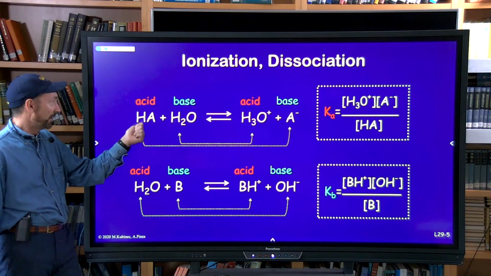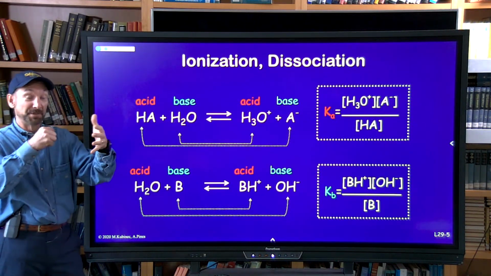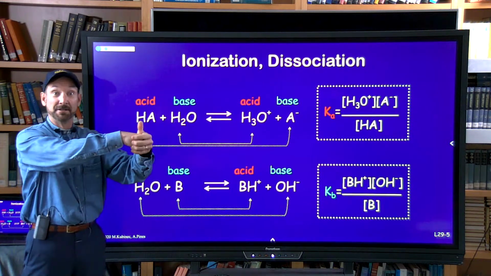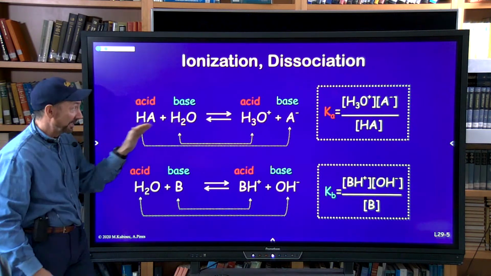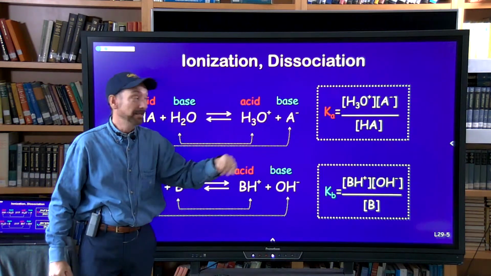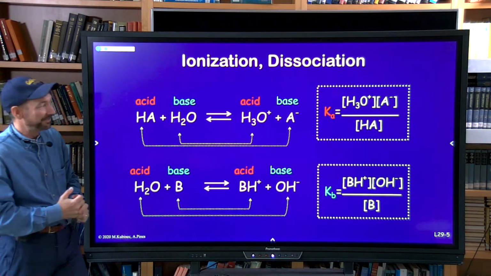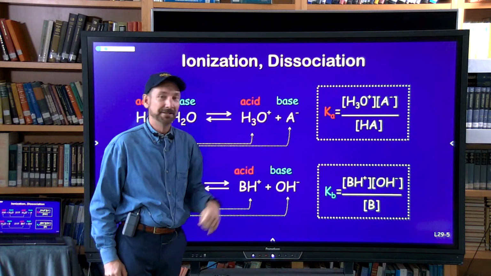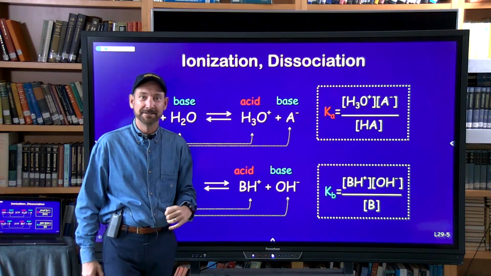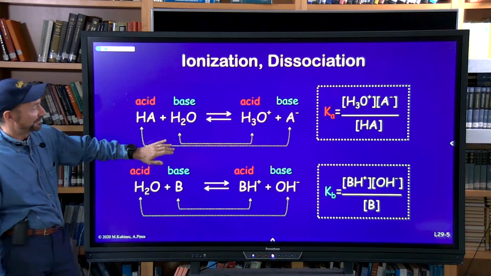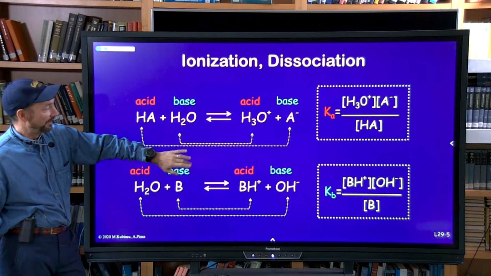Same thing for the water. An acid bumps into the water, but this time it gives the proton to the water. How many times does that successfully happen? Dictated by the free energy of the reaction and therefore the K, the equilibrium constant of the acid-base equilibrium.